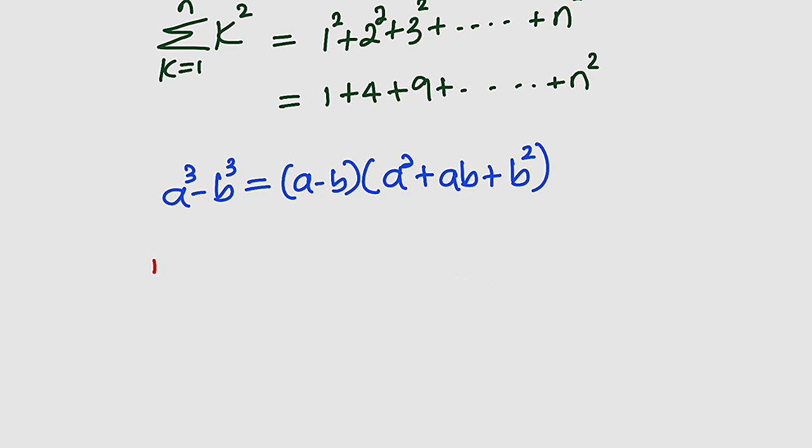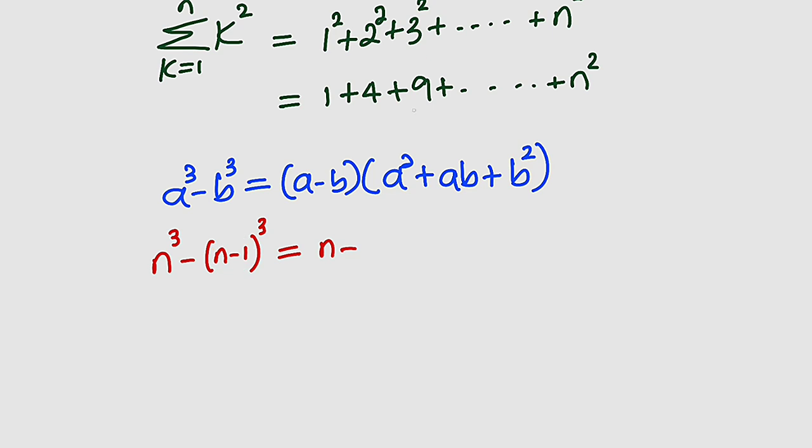So we're going to apply the same principle here. So if we have n cubed, then we're going to have minus n minus 1 cubed, because you can see that this is less than this one by 1. So now let us apply the same formula. This will be equal to, for which a is n here and b is n minus 1. Let's substitute. This would be n minus b, but b is this.